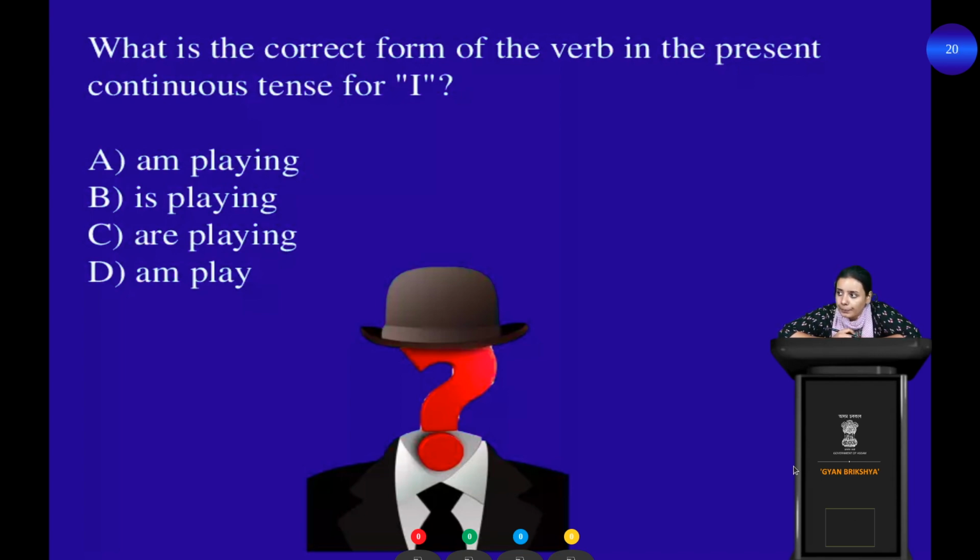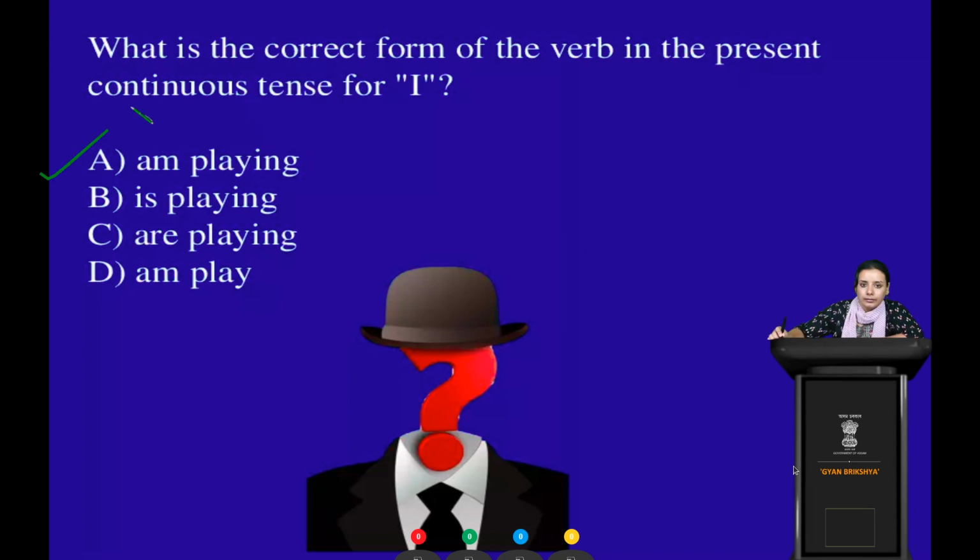A is I am playing, B is playing, C are playing, and D am playing. What would be the correct answer, students? With I, what do you add? Time is up, students. So the answer is what?